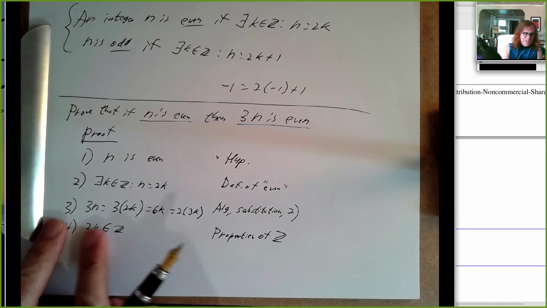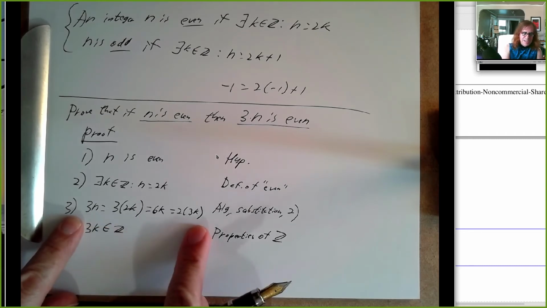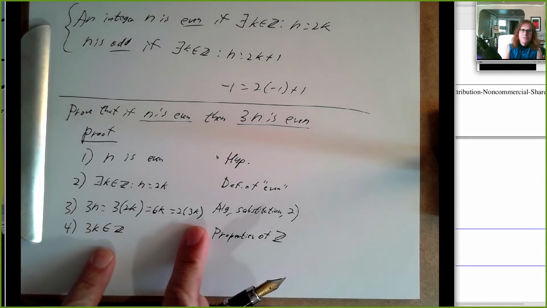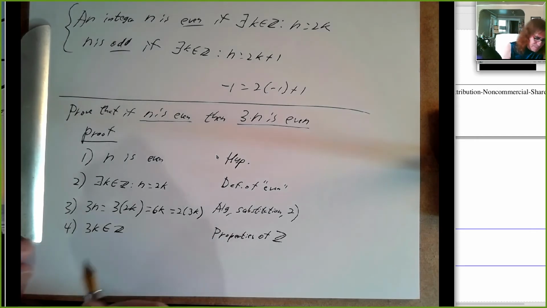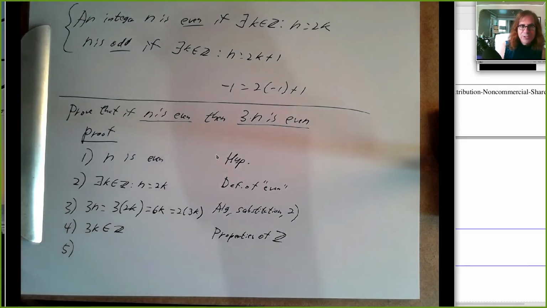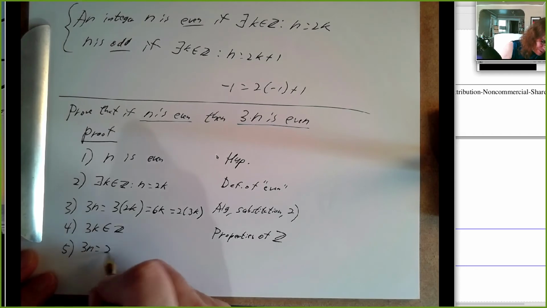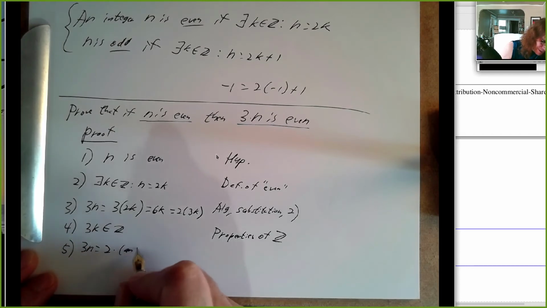And combined with step 3, what can I say? 3n is equal to 2 times an integer. Well, I'm just going to write that down as a separate step, just to be as wordy as possible. 3n equals 2 times an integer, right?